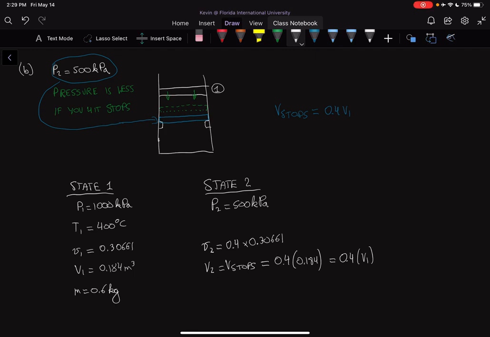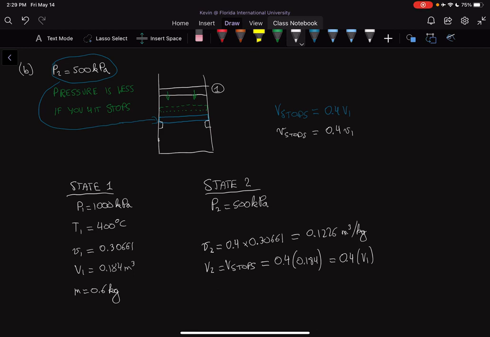It's the same exact equation; we just get rid of the mass. So v stops is equal to 0.4 times v1, and little v stops is equal to 0.4 times little v1. The mass doesn't change. And we get that v2 is equal to 0.1226 meters cubed per kilogram.